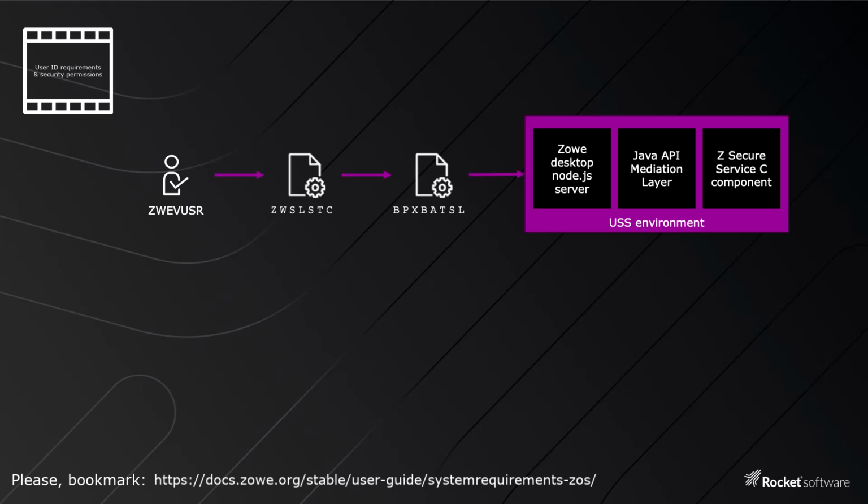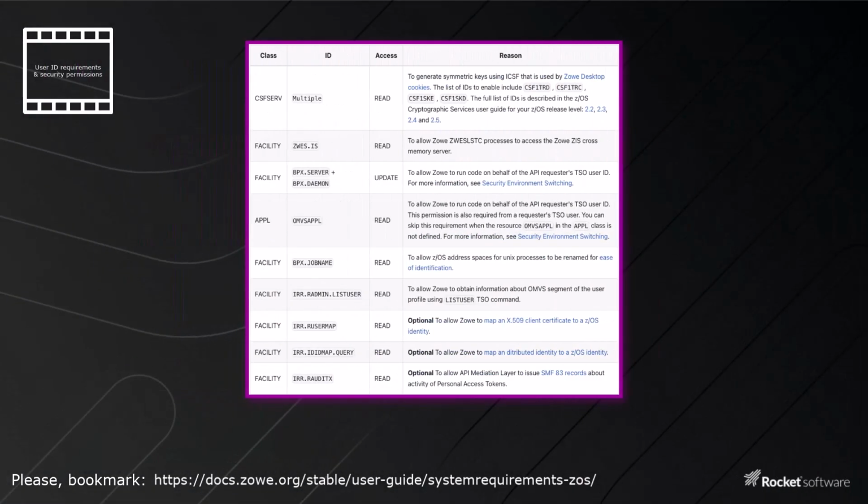To work with USS, the user ID must have a valid OMVS segment. For a list of relevant permissions, please refer to the Zowe System Requirements page.